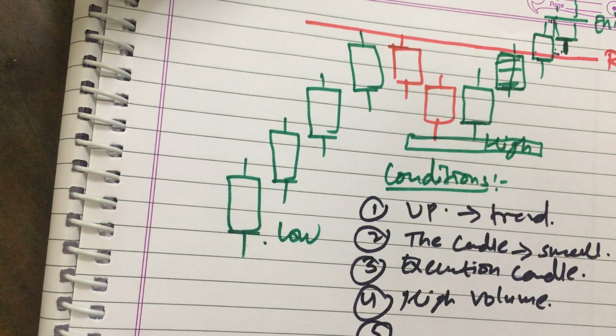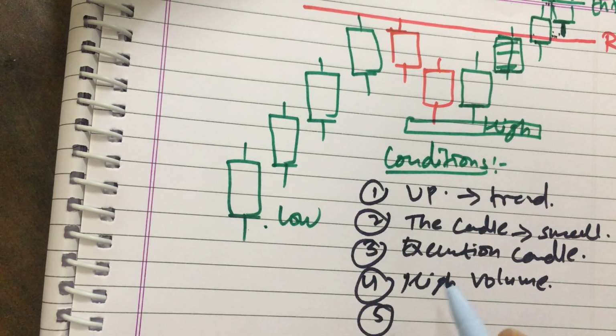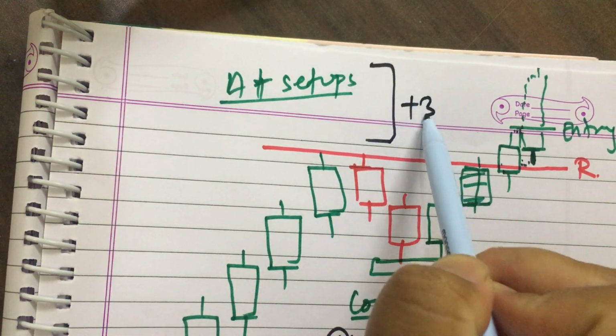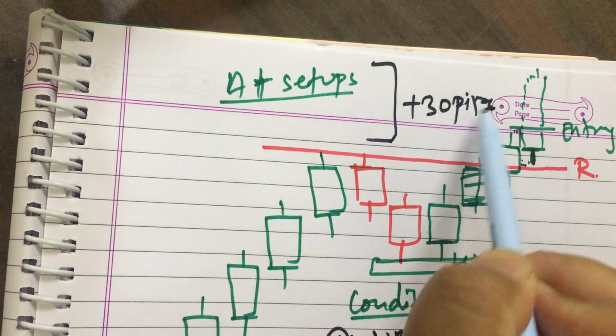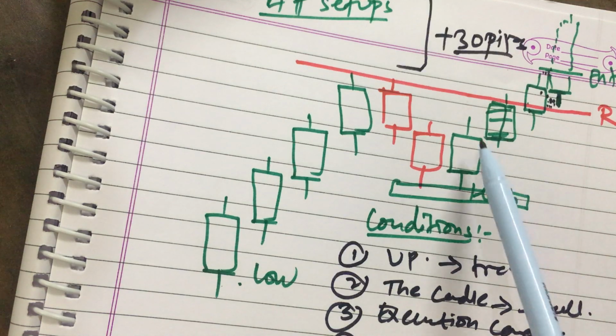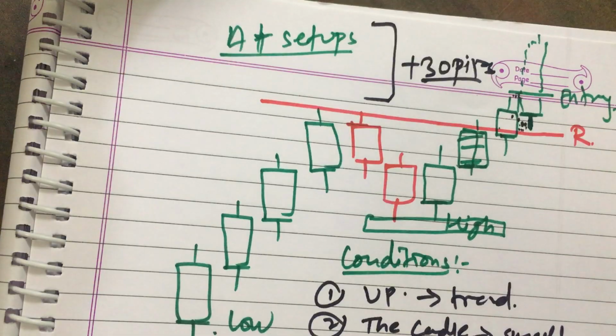And the fifth condition that should be fulfilled is there should be clean traffic to the left. Means you should have enough range, more than 30 pips to the left, so that you can execute this type of buy in the uptrend. So enough range means clean traffic to the left.